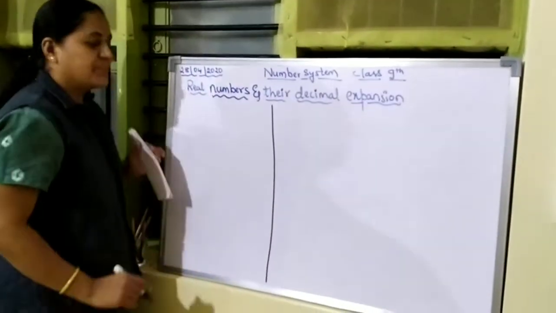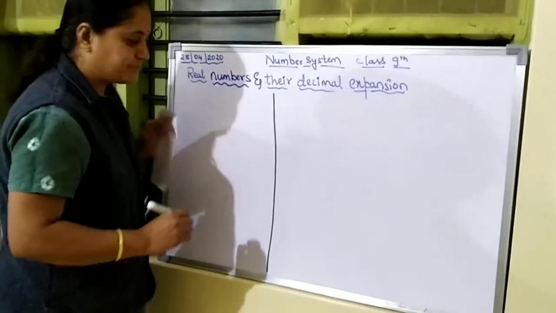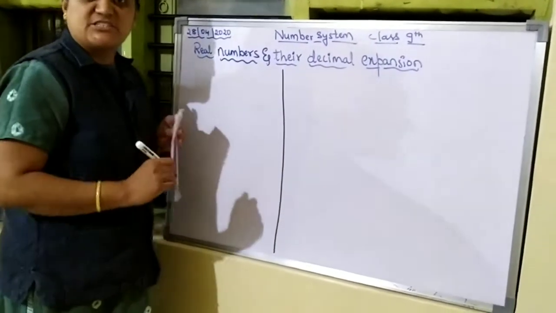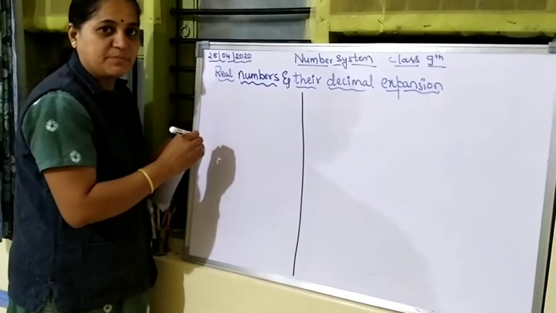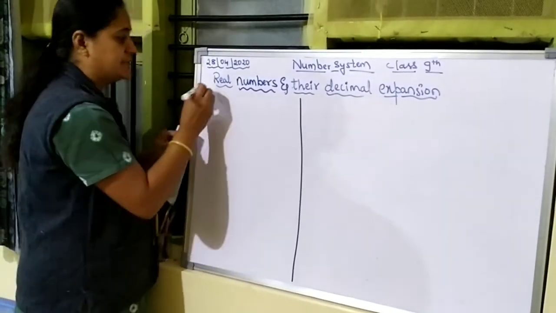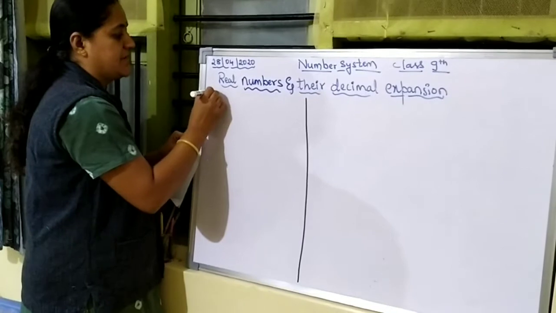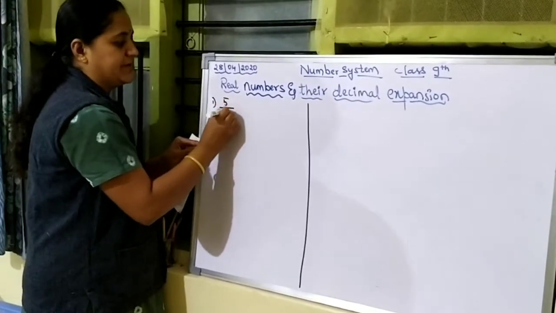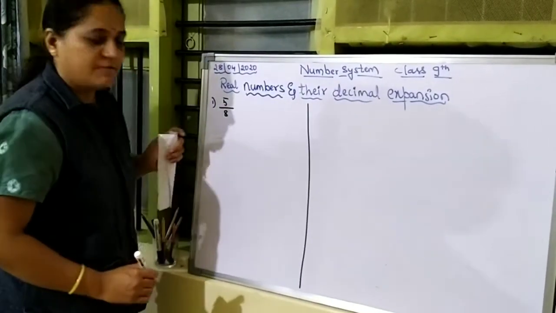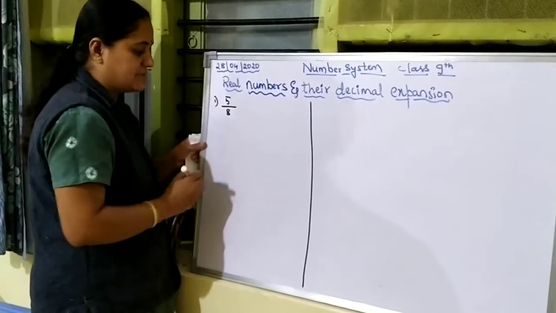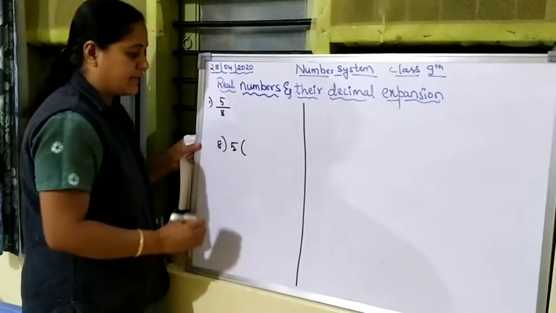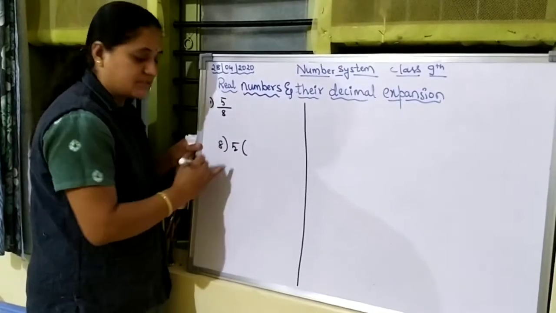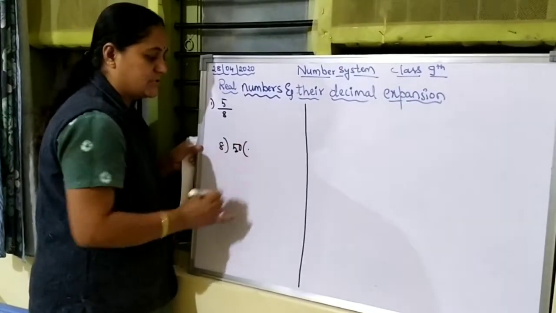Here we have a few terms which decide rational and irrational numbers. For example, the decimal expansion or the decimal division. Let me take the example 5 by 8. I divide the numerator by the denominator. As I know it cannot divide, it is smaller, so take a decimal and take 0.